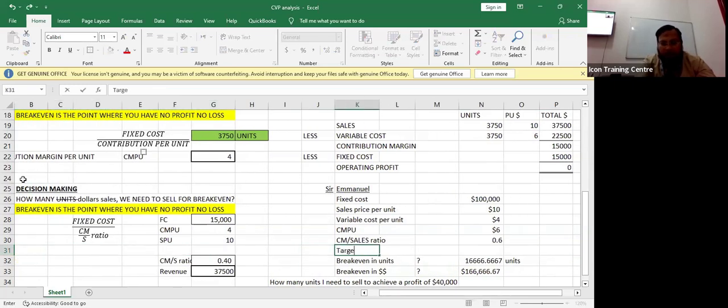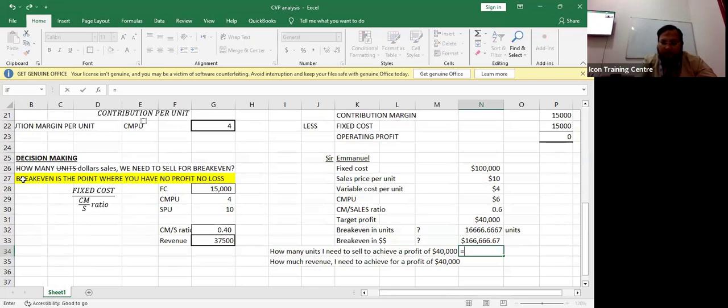Target profit, how much profit does he want to achieve? 40,000. So the formula is bracket fixed cost plus target profit, divided by contribution margin per unit. This many units he has to sell in order to achieve our target profit of 40,000.